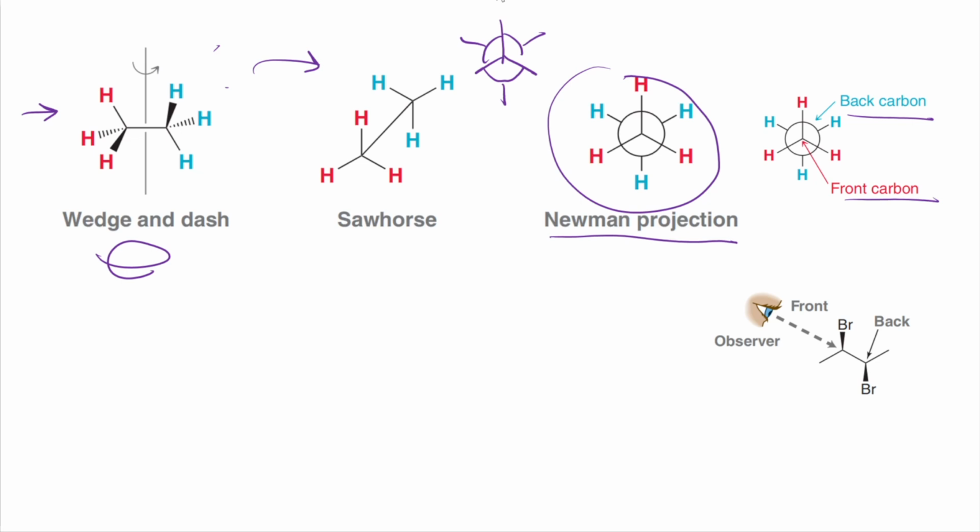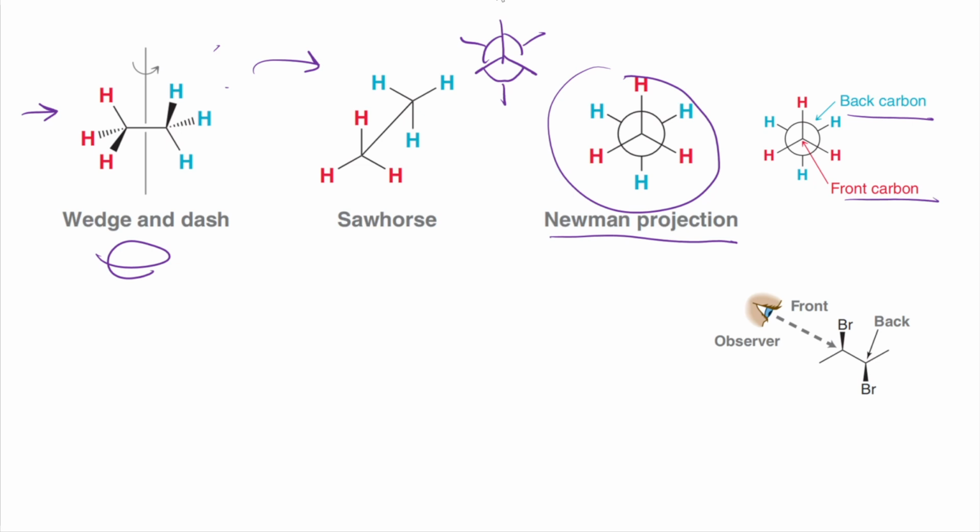For this one, we want to draw a Newman projection. We just look at it on this side, so this is the front carbon, and this is the back carbon.